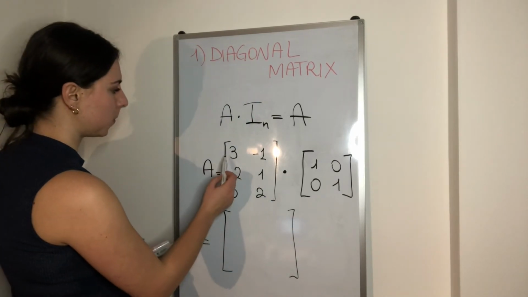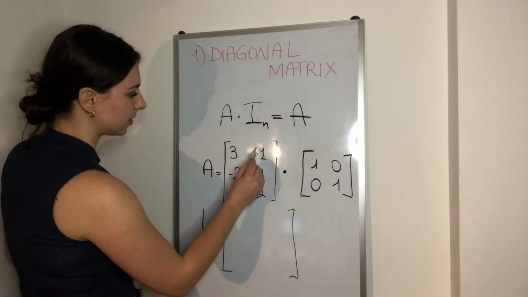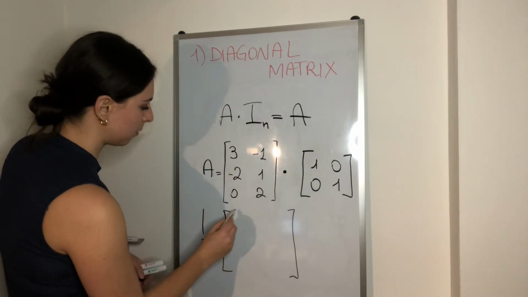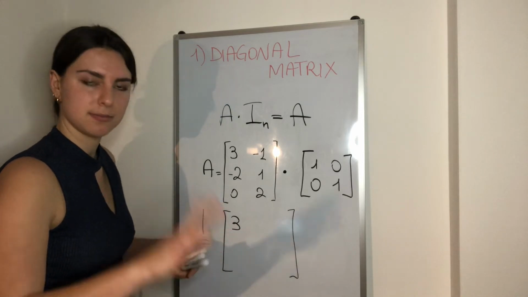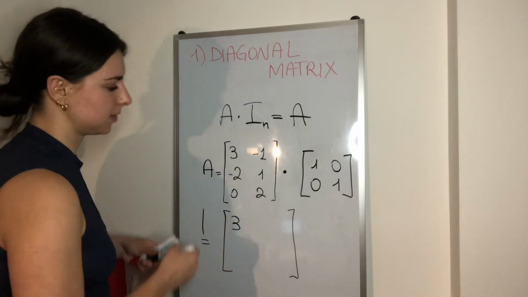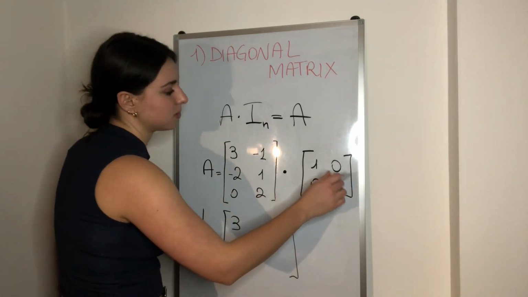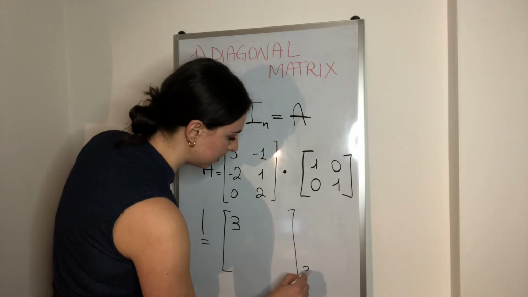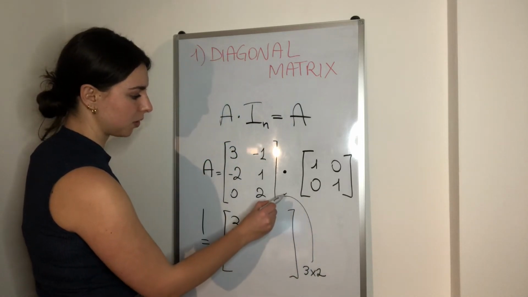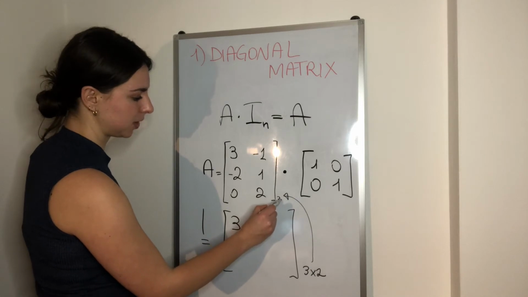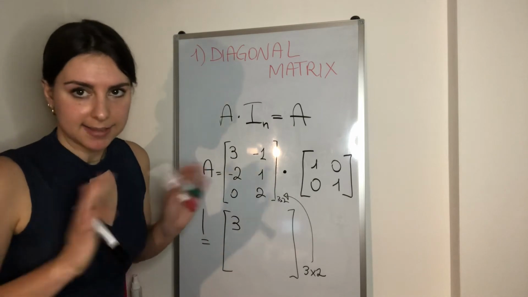So we have 3 by 1 and minus 1 by 0, so 3. First of all, this is a 3 by 2 and this is a 2 by 2, so the solution will be a 3 by 2. So the same dimension as this one. Let's go on.